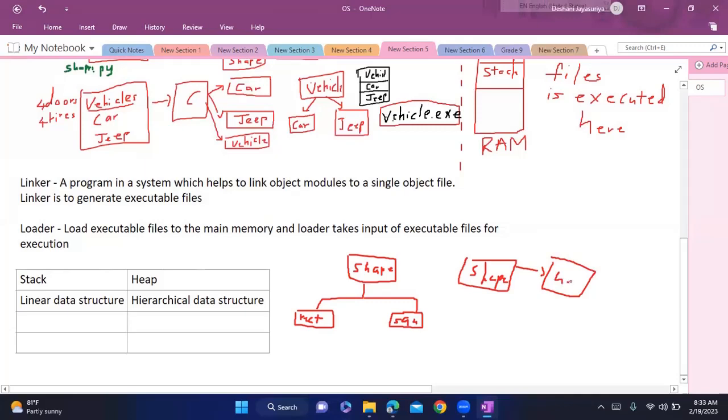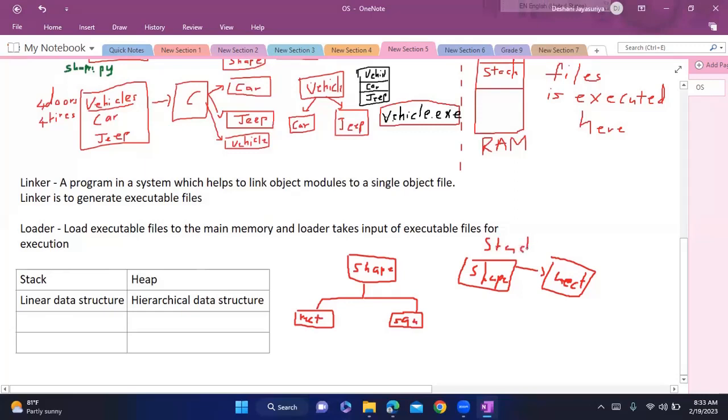Heap. So rectangle will be here, and this is how we have it in stack, and this is how we have data stored in heap.